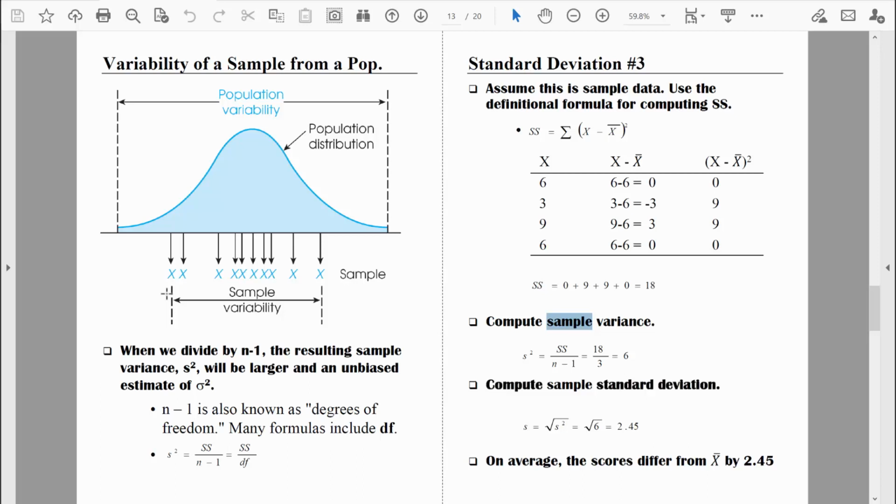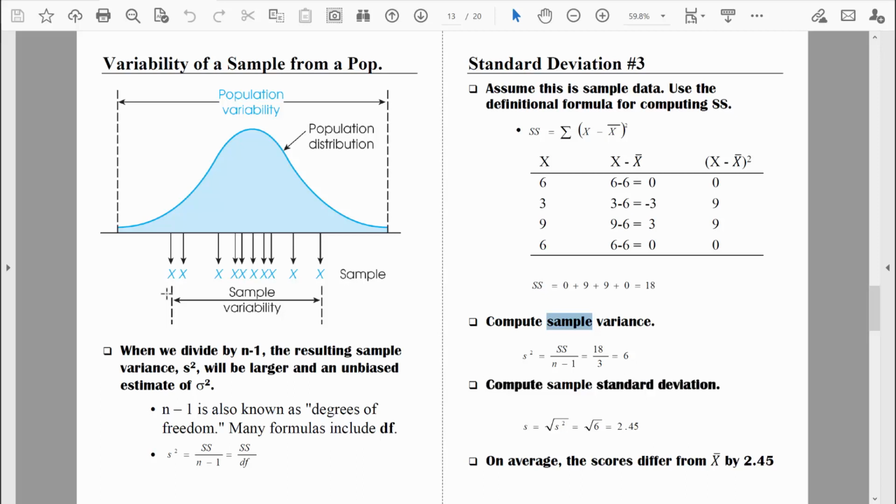That's a problem because unless we have some type of correction, the sample standard deviation would be a biased estimate of variability in the population. The sample standard deviation, if we had no correction, would underestimate the variability in the population. So we need to do something to correct for that bias.